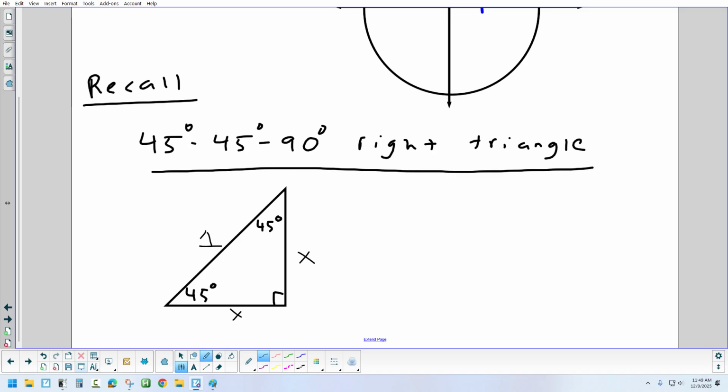So if we can set up an equation that relates this, this, and that, we can easily solve it because it will only have one letter in it. It'll use that letter more than once, but it's still just one letter. What would be an equation we could use that connects these three values? Yeah, Pythagorean theorem.